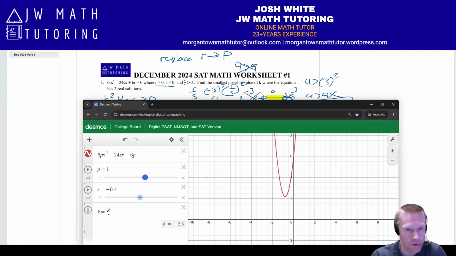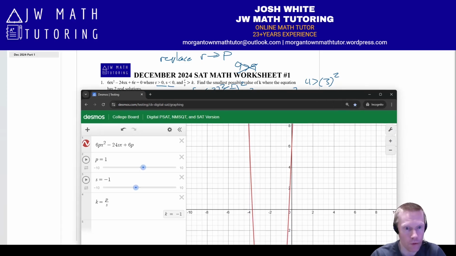So if you just let S be a constant, or actually, let's do it like this. Let's let S be -1. And now I'm going to move the P, which is equivalent to R.